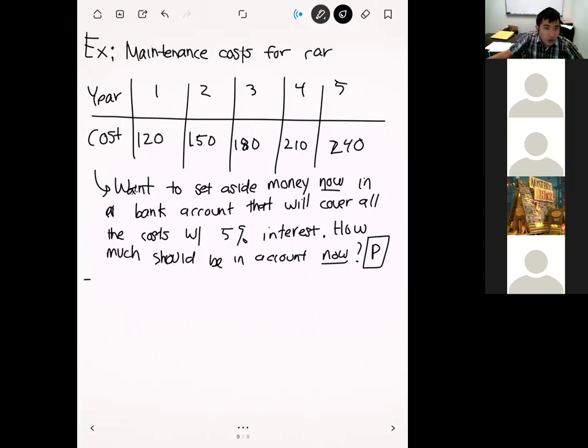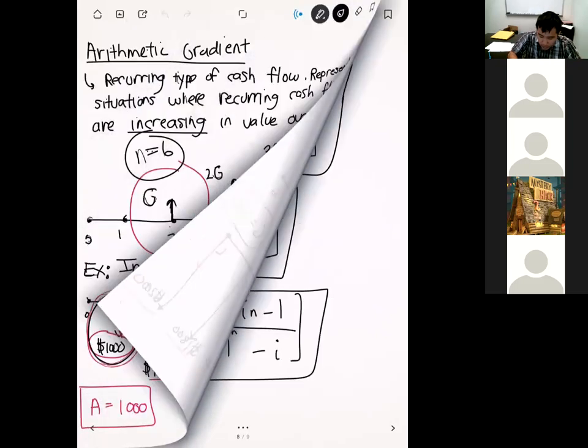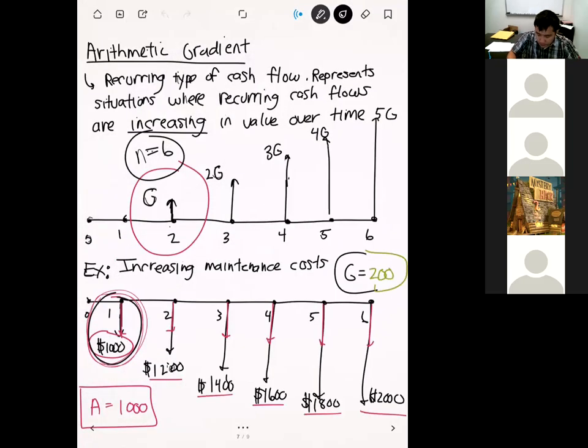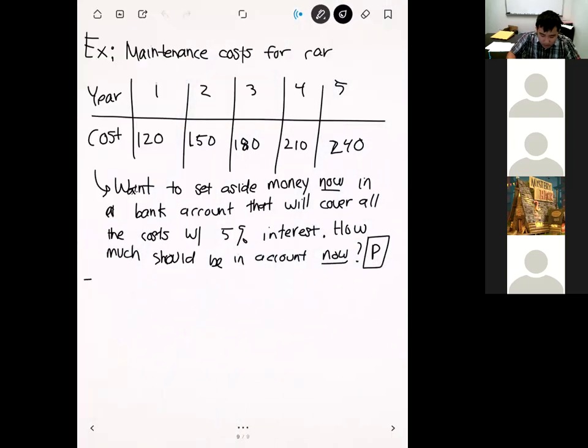We have the schedule here. The first year's cost is going to be $120, and then every year after that, it's going to increase by 30. Going off the same situation that we covered earlier, this maintenance cost schedule can be broken up into a uniform series and an arithmetic gradient.